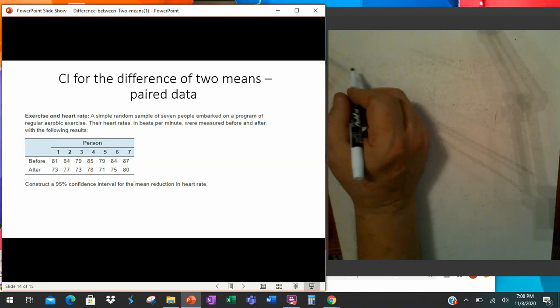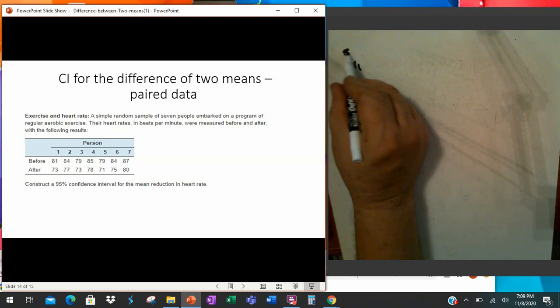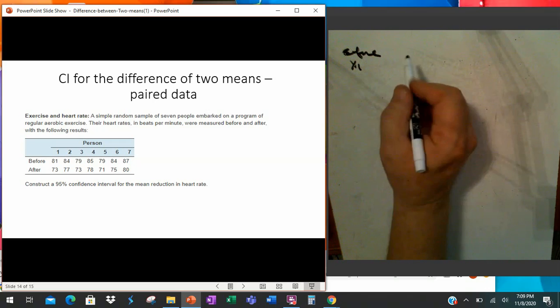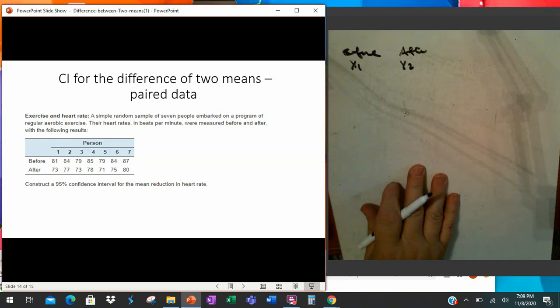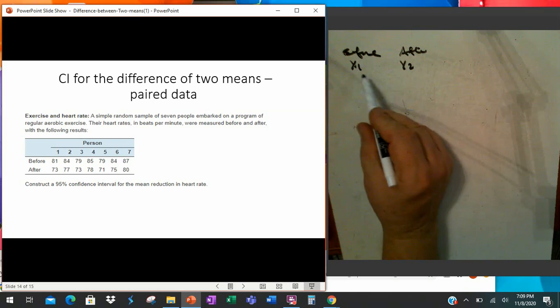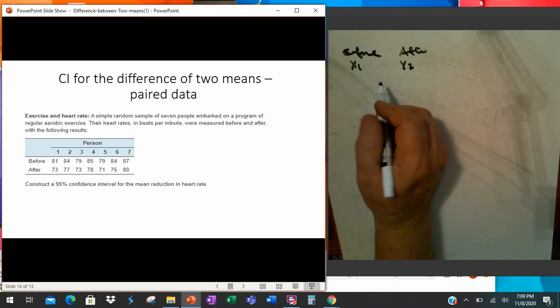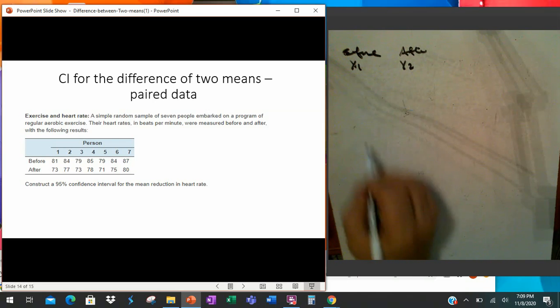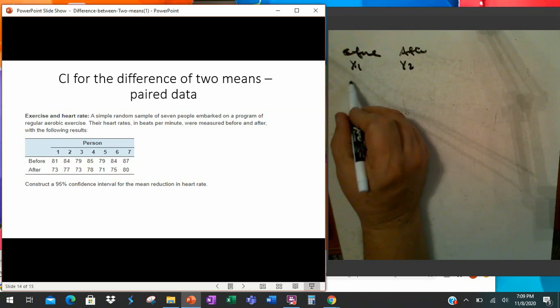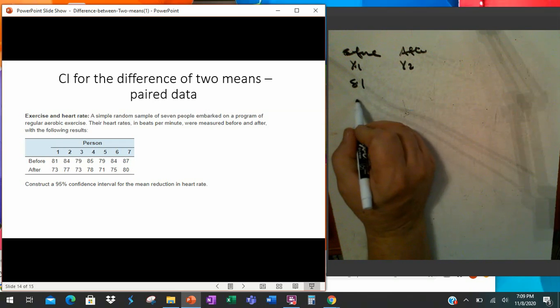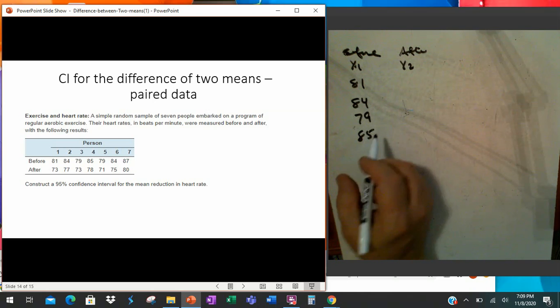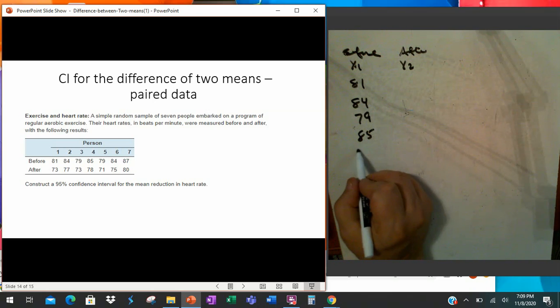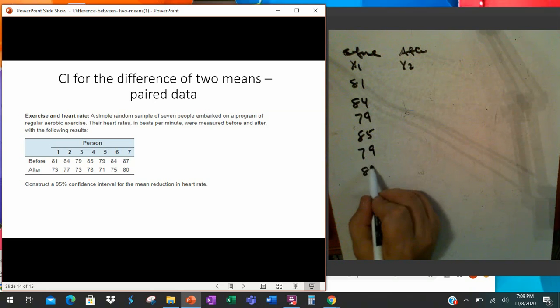So here's my x1, which is my before, and my x2 would be after. I'm hoping this is going to be a reduction, so it would be a smaller number. I'm going to write these down in columns this way. Before is 81, 84, 79, 85, 79, 84, and 87.